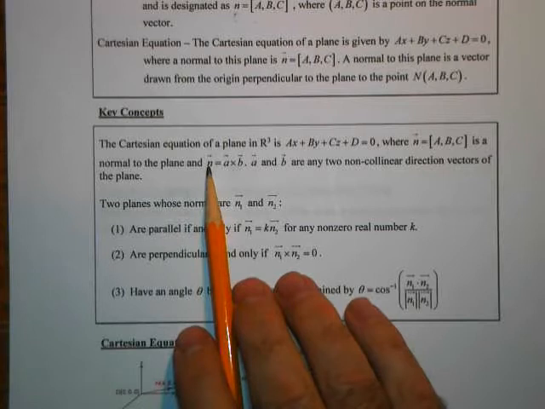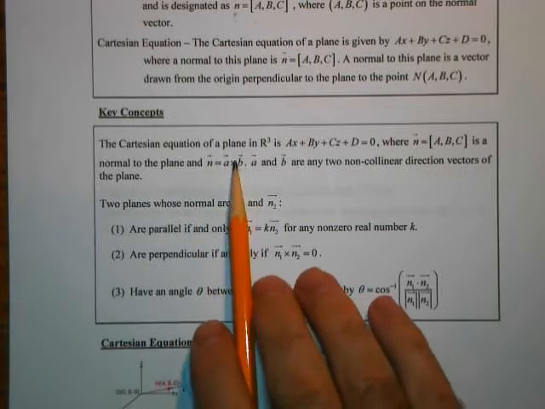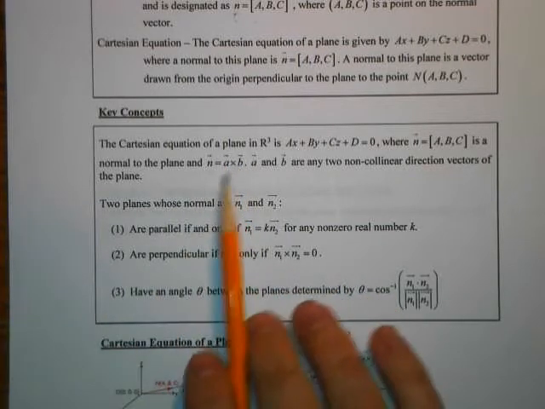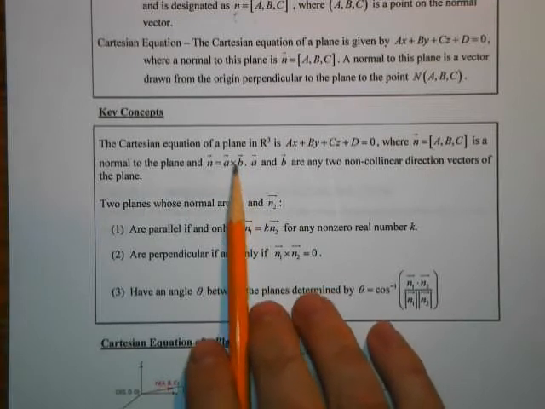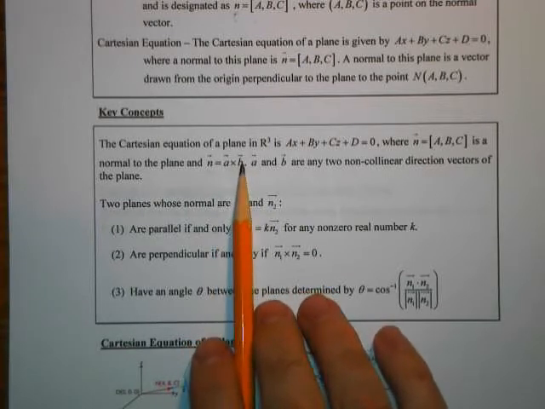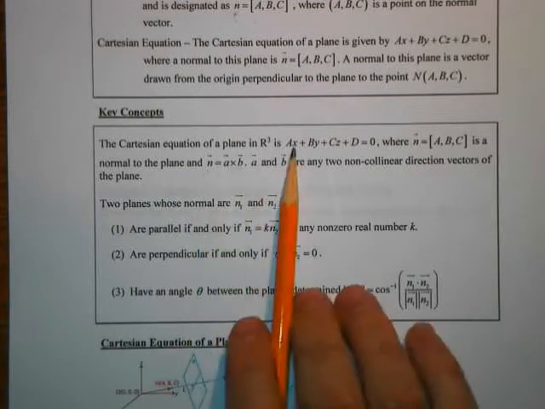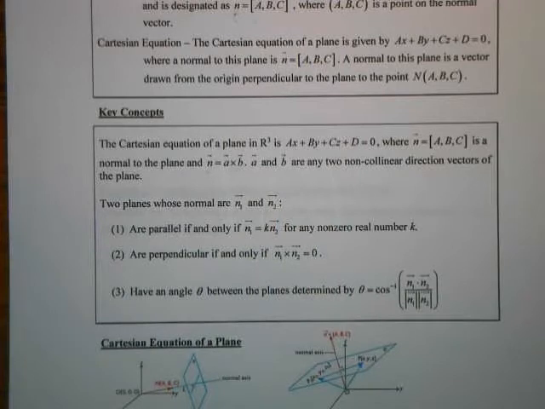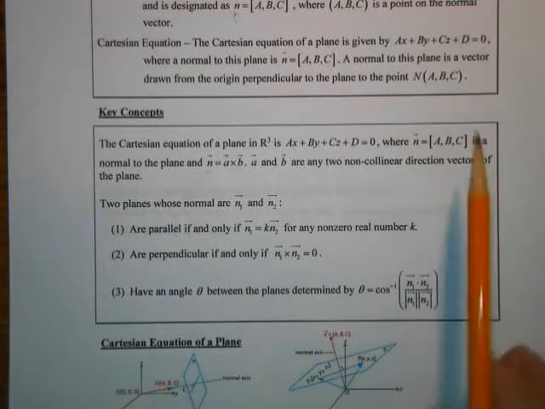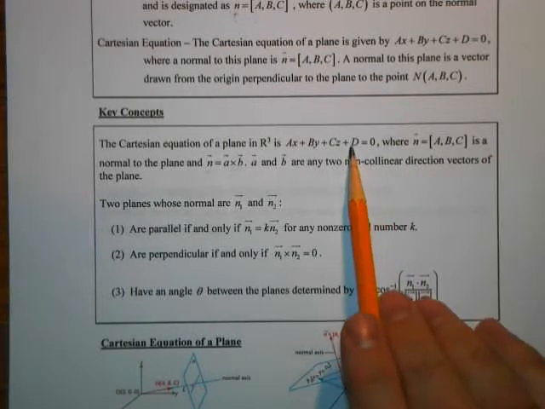You can get this directly from the vector equation of the plane because the two direction vectors are A and B. Figure out what your new vector n is, and that gives you A, B, and C for your equation. And then, like I said, you just plug in a point that you know is on the plane to figure out what that d value is.